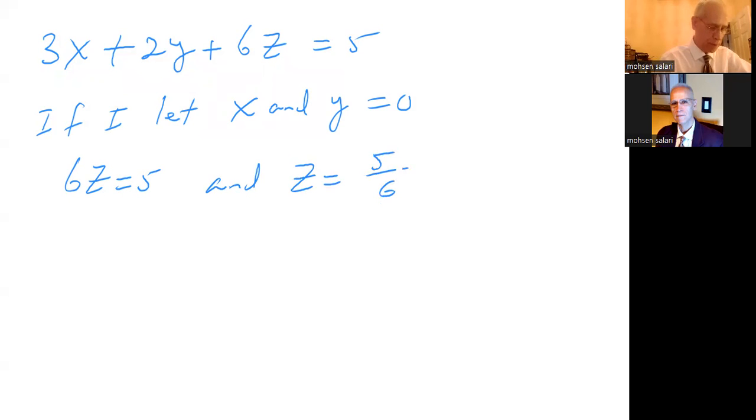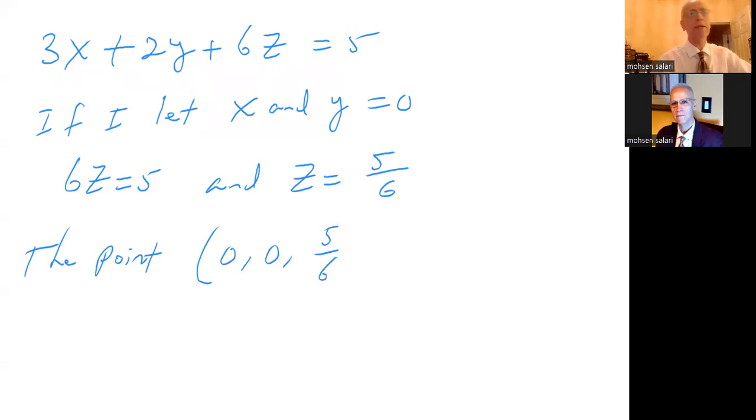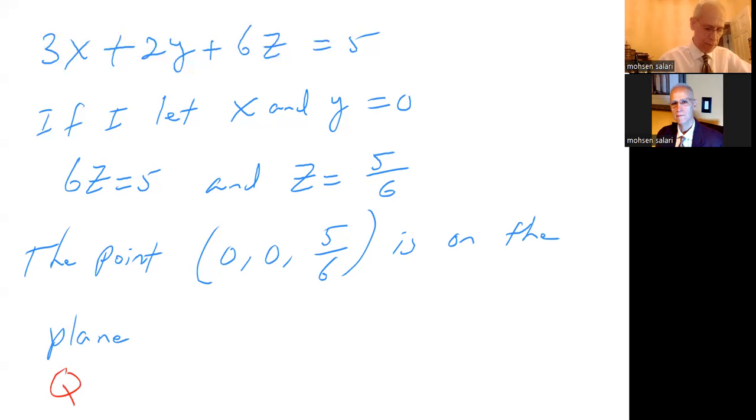So the point (0, 0, 5/6) is on the plane. Q is given to us. Q is (1, -2, 4).